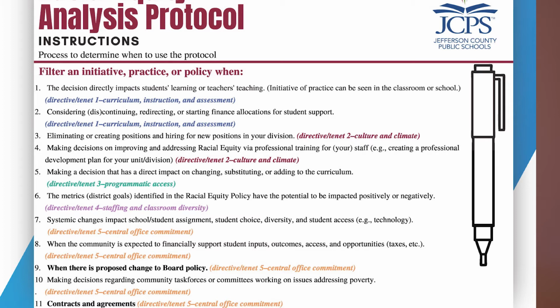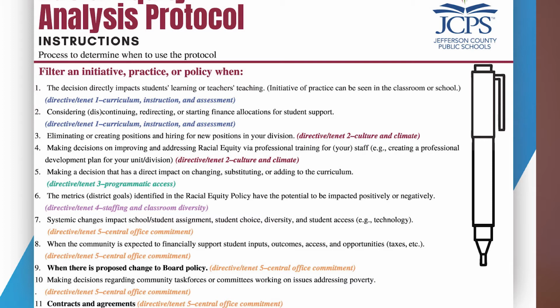Another example might be, let's take a look at systemic changes that impact school or student assignment, student choice, diversity, and student access. That's a central office commitment. And then lastly, an example regarding professional development, making decisions on improving and addressing racial equity via professional training.